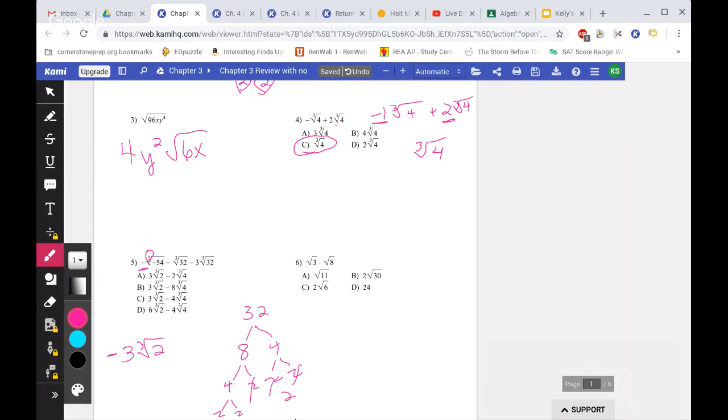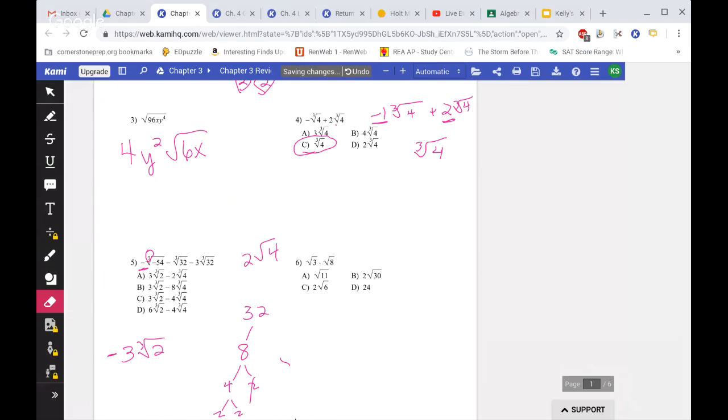There's one set of 3. We didn't quite make a second set of 3. Didn't quite get there. So we've got 2 times 2 left on the inside. So that becomes 2 times the cube root of 4. I'm sorry, not square root.